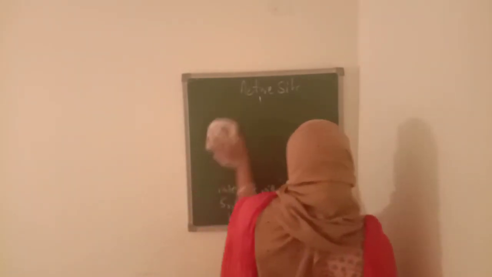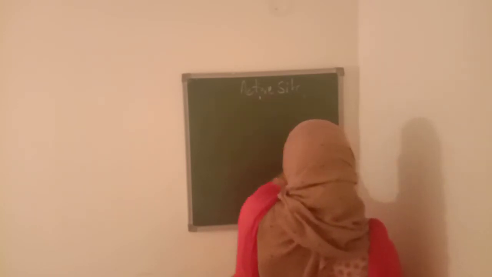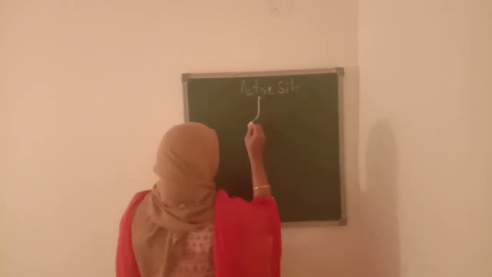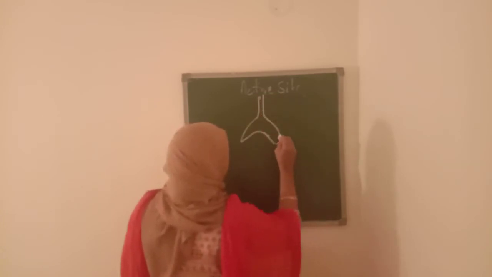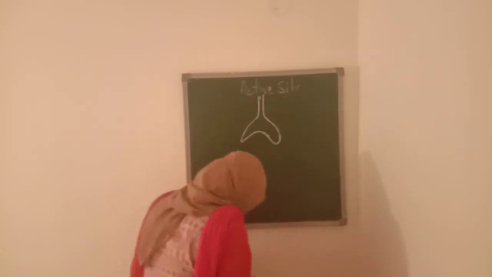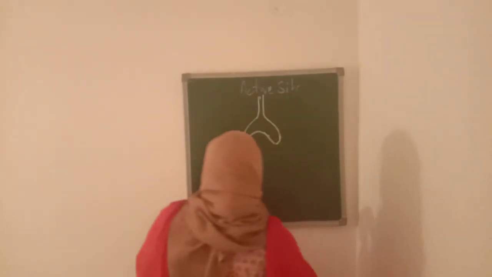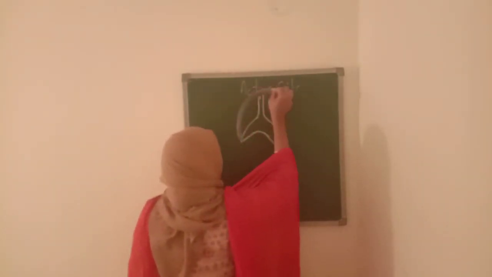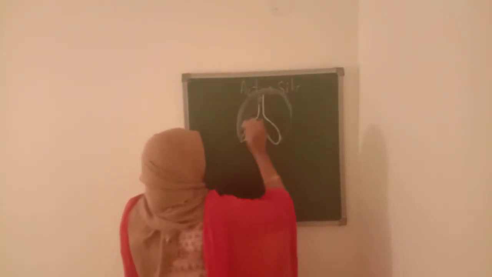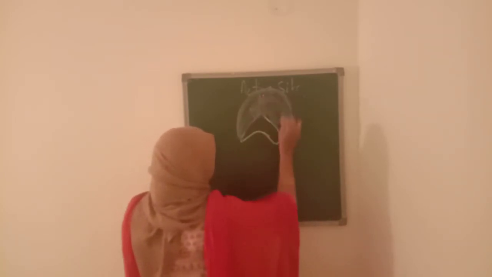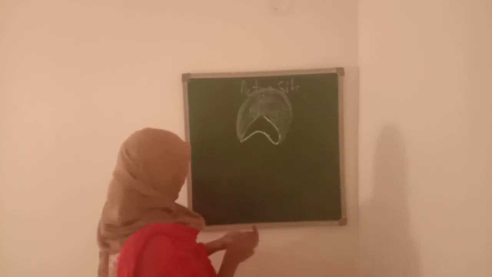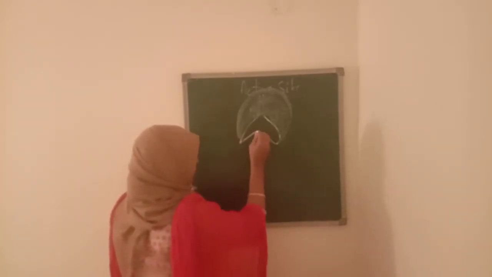Now coming to the structure of the active site. For example, I will give a very meager structure like this. Consider this as an enzyme, and this is the active site. So here there are some regions.